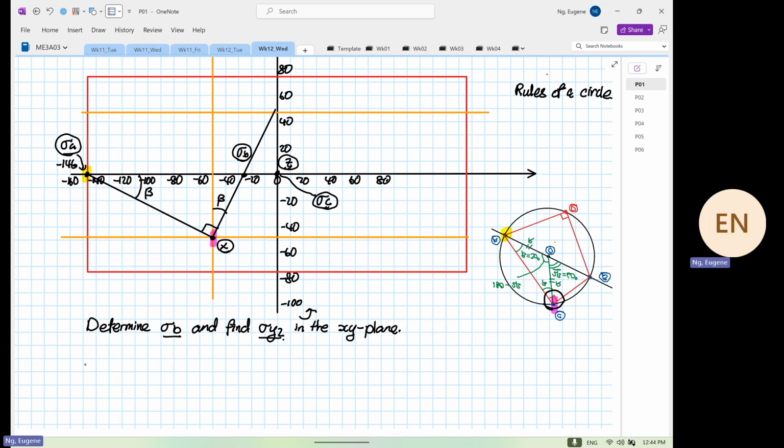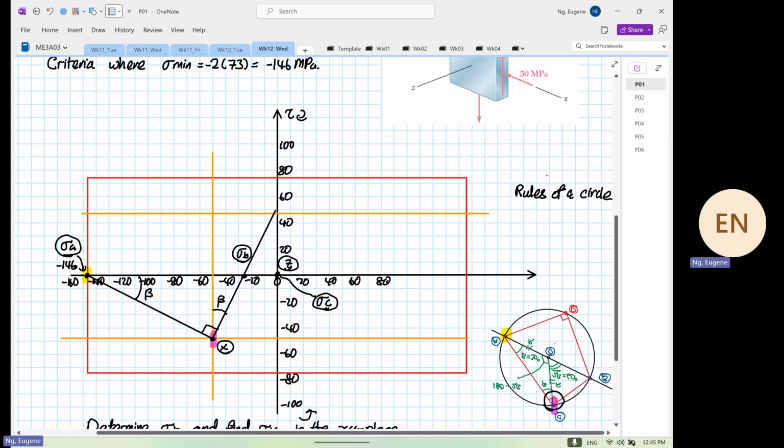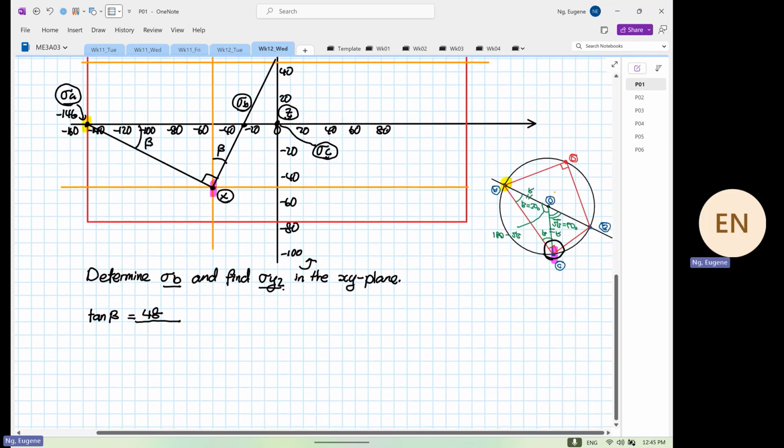So now we can determine that tangent beta will be equal to 48 over 146. Why is it 146? It's because it's 73 times 2.